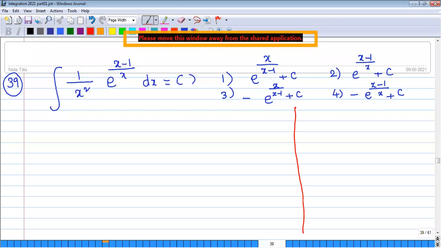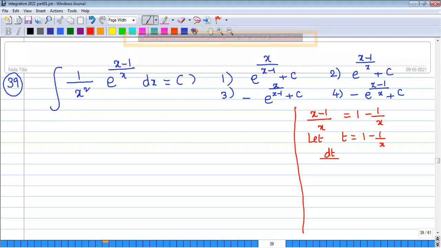See, this x minus 1 by x we can write as 1 minus 1 upon x. Let t equal 1 minus 1 upon x. dt by dx is equal to derivative of 1, which is 0, and derivative of 1 by x is minus 1 upon x square, but already we have minus, so 1 upon x square.